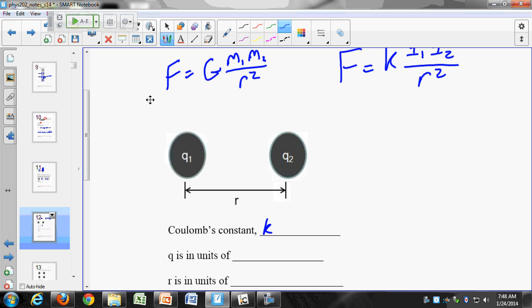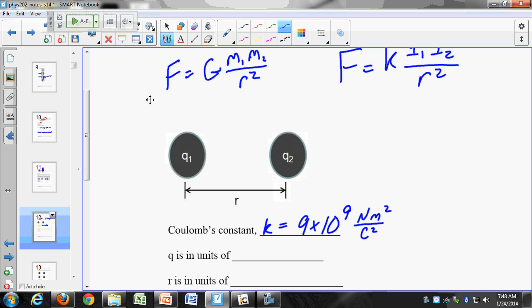So anyway, Coulomb's constant, we call it K, and it's equal to 9 times 10 to the 9th. It has units of newtons meters squared per coulomb squared.